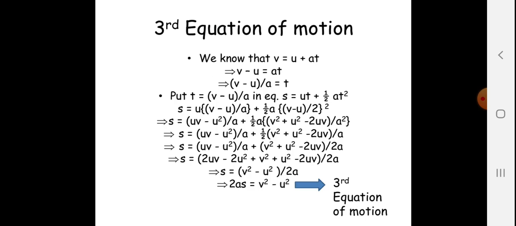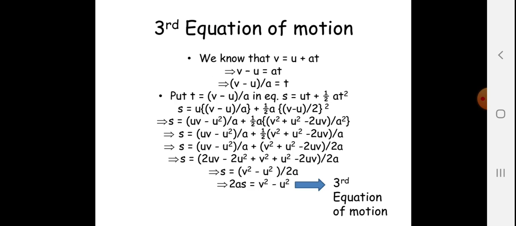Now a here has multiplied with the 1/2. So the resulting answer is s is equal to uv minus u square divided upon a plus 1/2 of v square plus u square minus 2uv upon a.